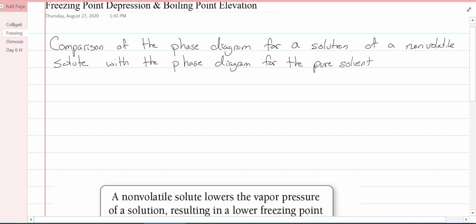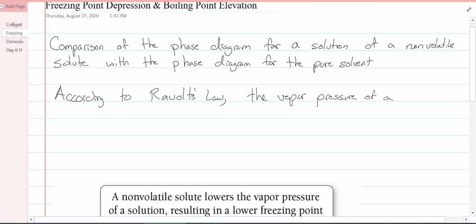All right. So according to Raoult's law, the vapor pressure of the solution will be lower.